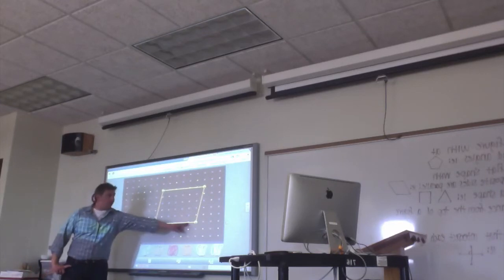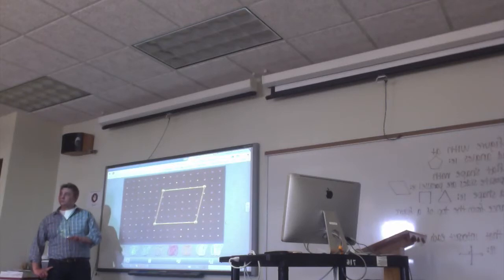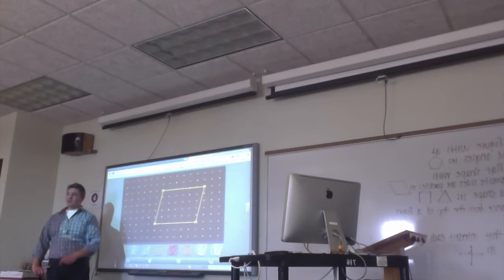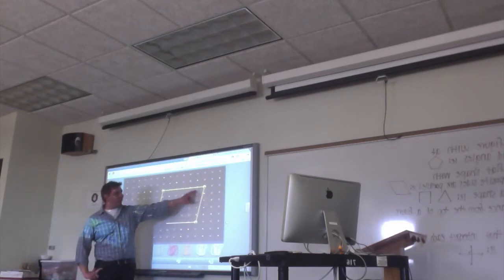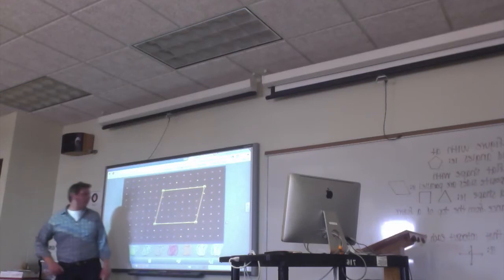Yes, 6. 1, 2, 3, 4, 5, 6. All right. Now, the part we just learned, what would the height of this parallelogram be? 5. 5, yeah. 1, 2, 3, 4, 5. Because that's where it's perpendicular to the base here.